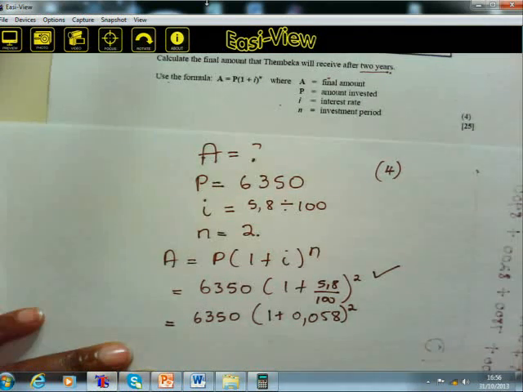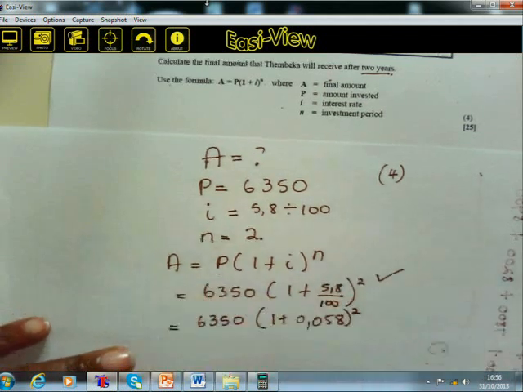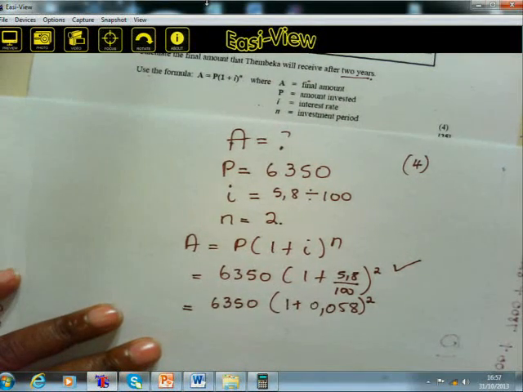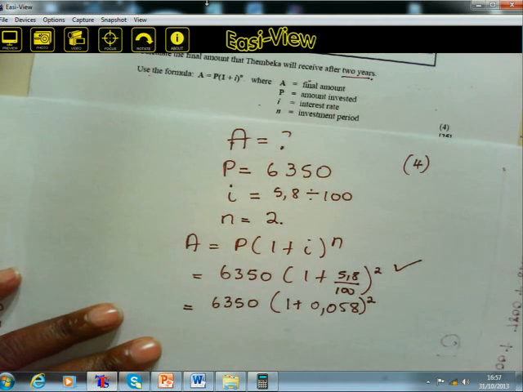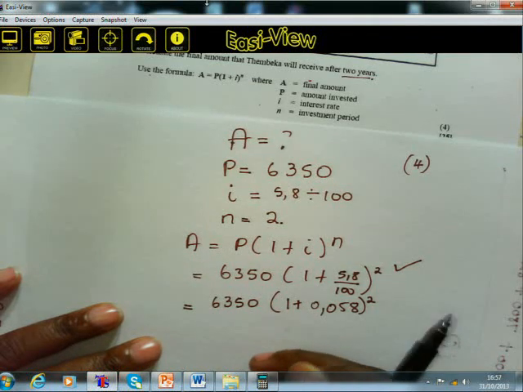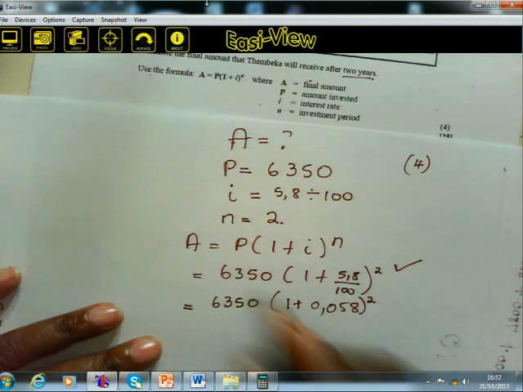Grade 12, remember, one of our instructions is to say we must round our answers to 2 decimal places. Please remember to round only at the final answer. You cannot start rounding here and say the answer is 0,06. No. Wait until you get to the final answer, then you can start your rounding there.